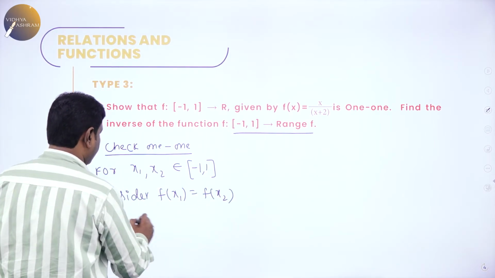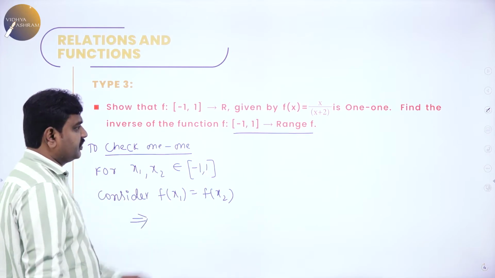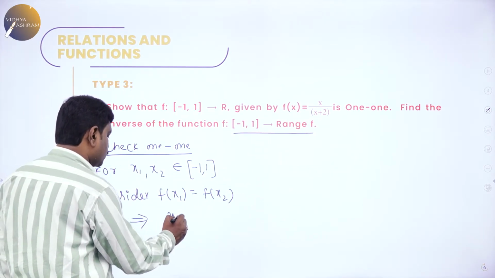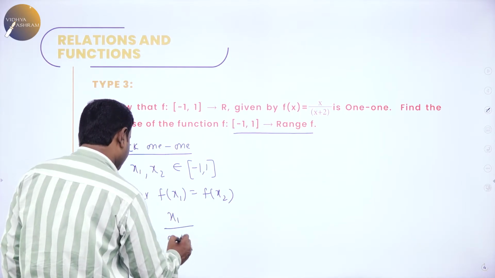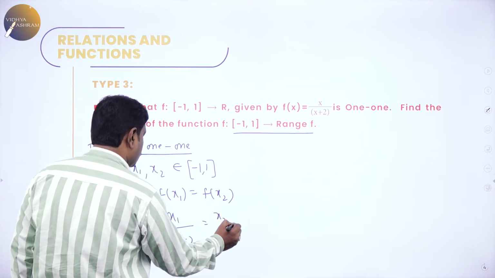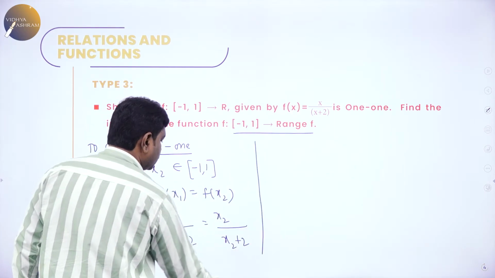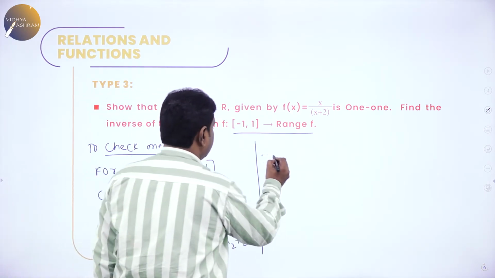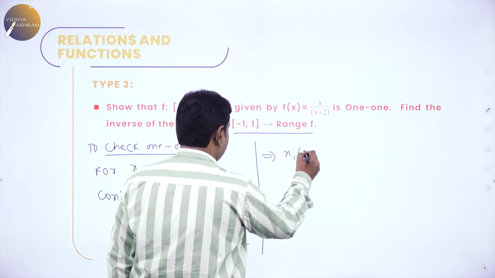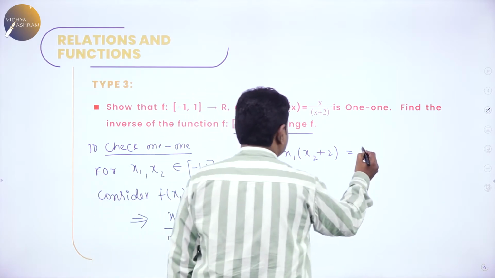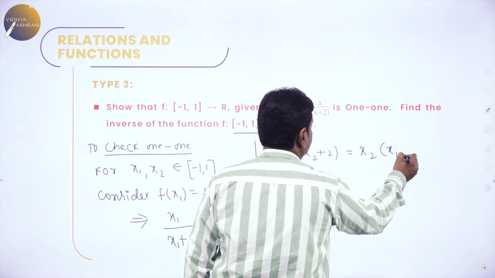Then write the value of f of x1. That implies, what is f of x given? x by x plus 2. What is f of x1? x1 by x1 plus 2. f of x2 is x2 by x2 plus 2. Now rearrange, cross multiply. That implies x1 into x2 plus 2 is equal to x2 into x1 plus 2.